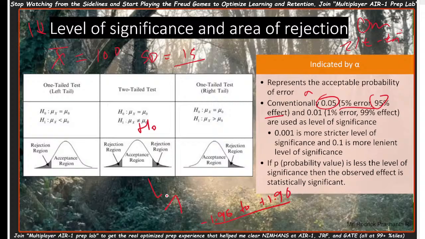If it falls outside, you can definitely say with 95% confidence that it is not in this area. Because 95% of the times the different mean scores will be possibly here. If you get a very unique and different mean which is not in this range, you are saying with 95% confidence that it doesn't belong to the population. So that is how you do this hypothesis testing.